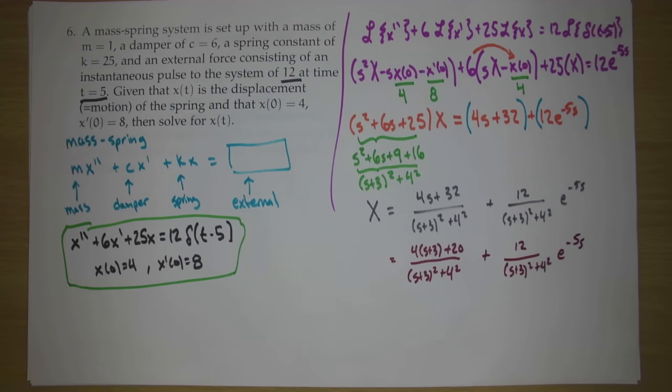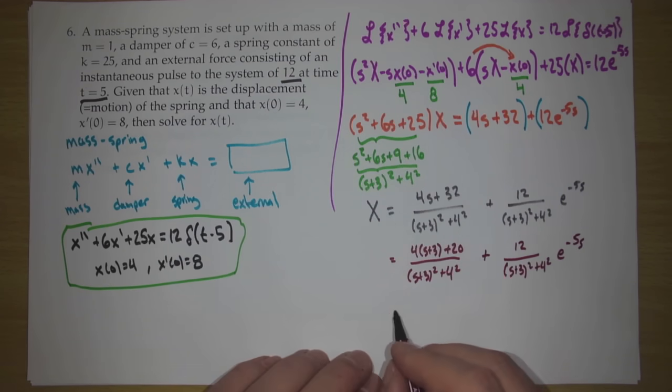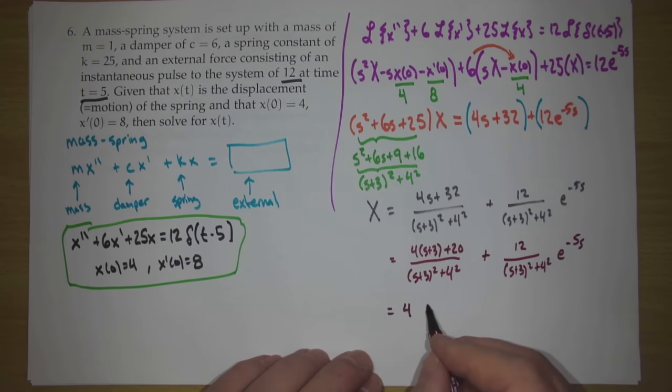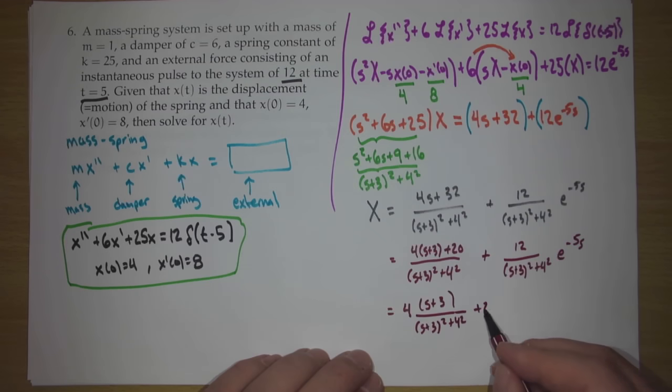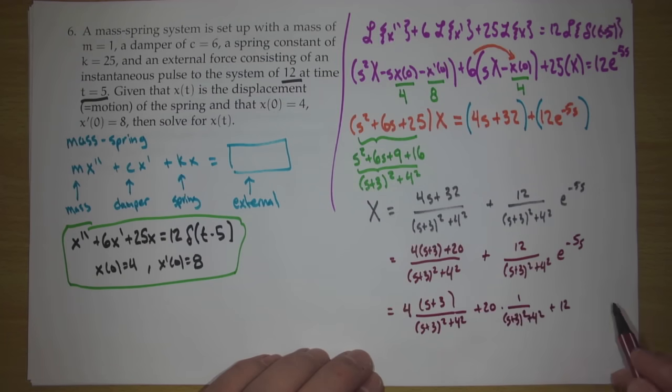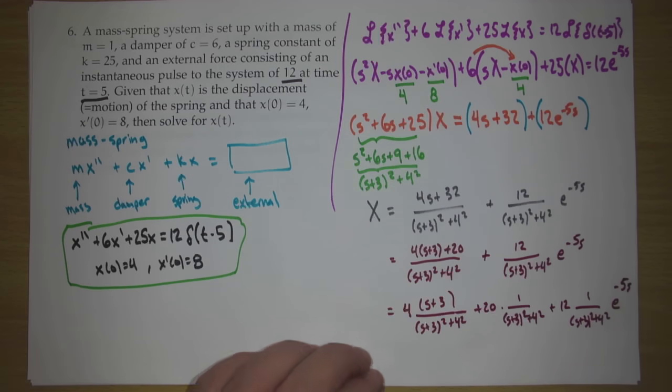All right, so now let's pull this apart. So this is really 4(s + 3) over ((s+3)^2 + 4^2), plus 20 times 1 over ((s+3)^2 + 4^2), plus 12 times 1 over ((s+3)^2 + 4^2) times e^(-5s).